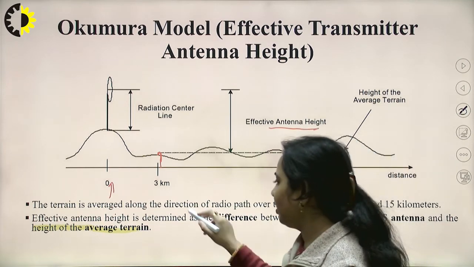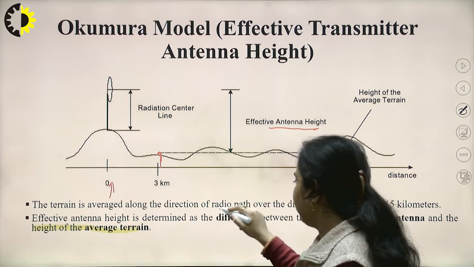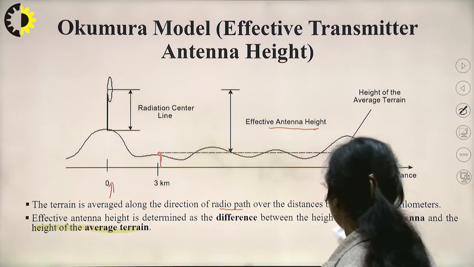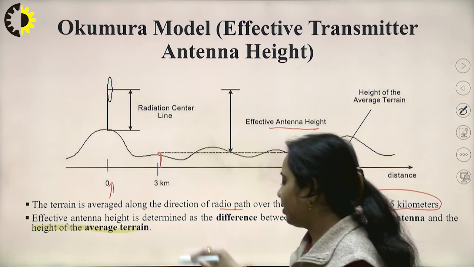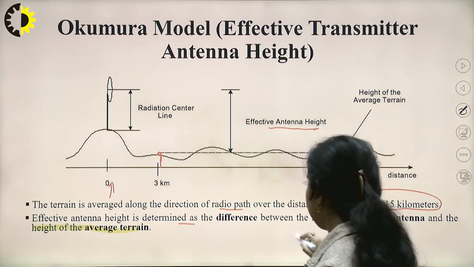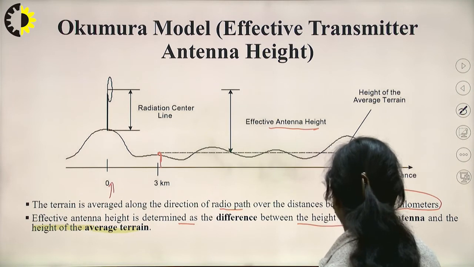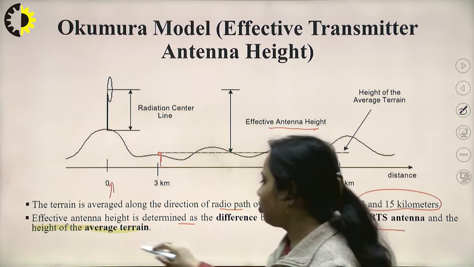The terrain is averaged along the direction of the radio path over the distance between 3 kilometers and 15 kilometers. Effective antenna height is determined as the difference between the height of the BTS antenna and the height of the average terrain.